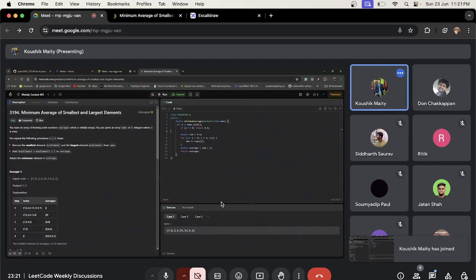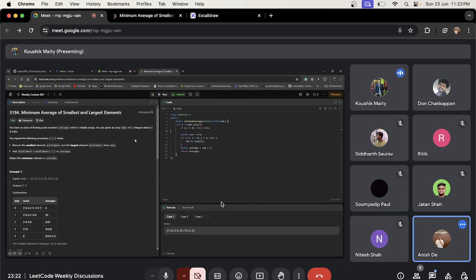So here we have to find the minimum average of the smallest and the largest element. So basically, what I did is sum all the values in the array. Okay, okay. So what we have to do is find the average of the smallest and the largest element.